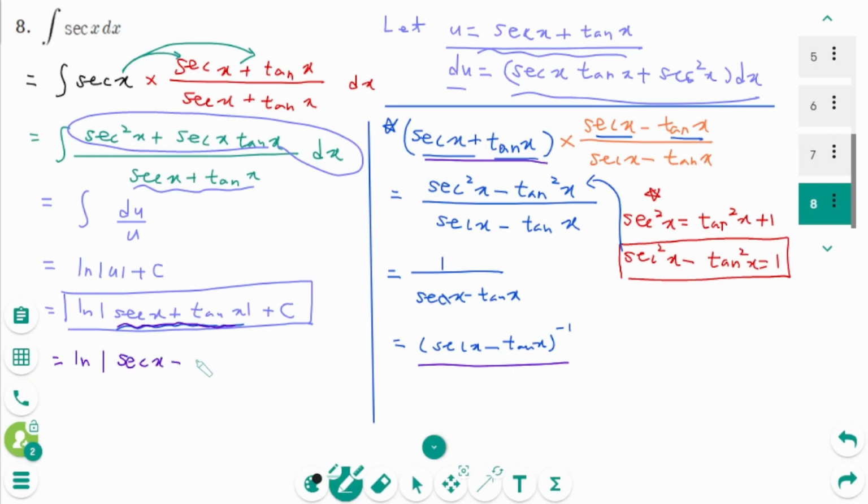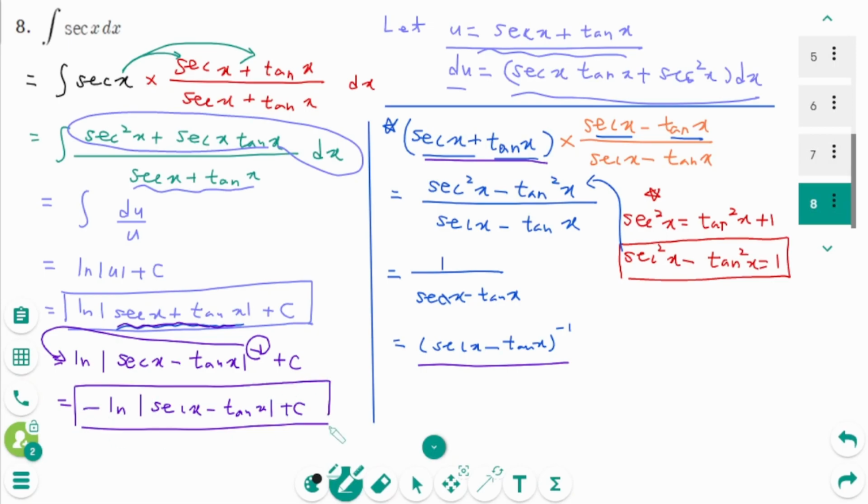Secant x minus tangent x to the power of minus 1 plus c equals, minus 1 can go down, minus ln absolute value of secant x minus tangent x plus c. Now we have two formulas for integrating secant x.